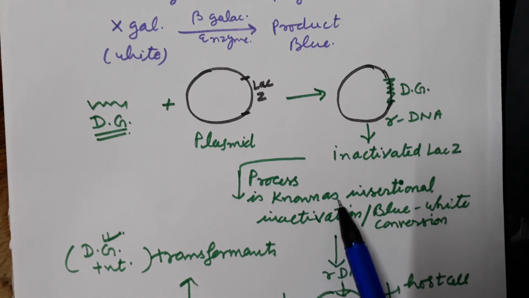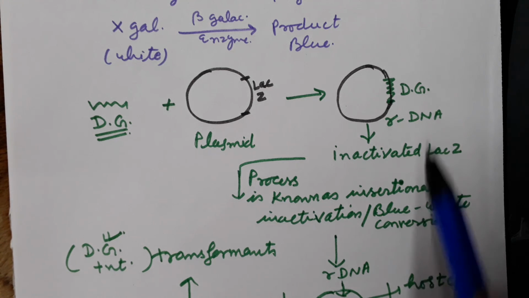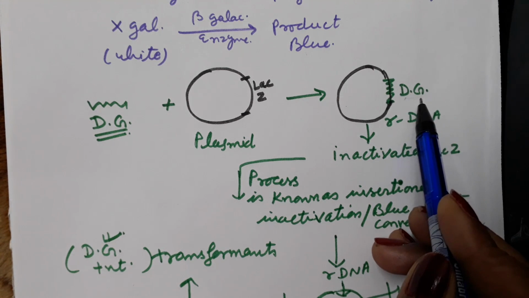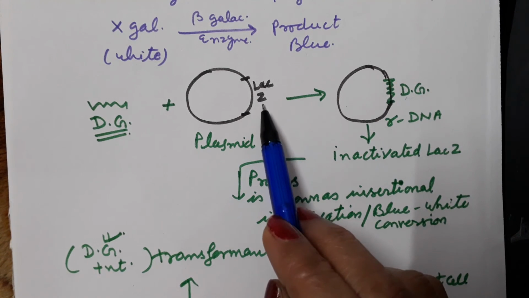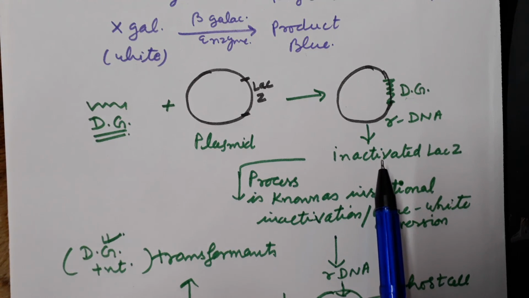This process is known as insertional inactivation, and we also call it blue-white selection. Why is it called insertional inactivation? By insertion of the desired gene, the main gene LacZ becomes inactive.